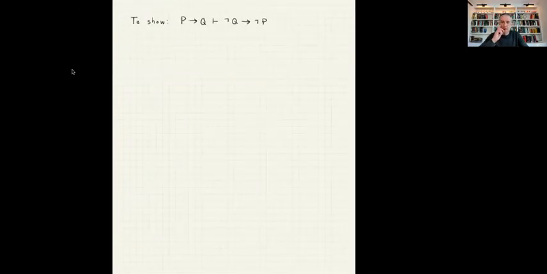Okay, so one more fairly straightforward example of conditional proof. But this actually turns out to be a very powerful application of the rule that you'll end up using probably quite frequently. So this sequent here at the top is called contraposition.